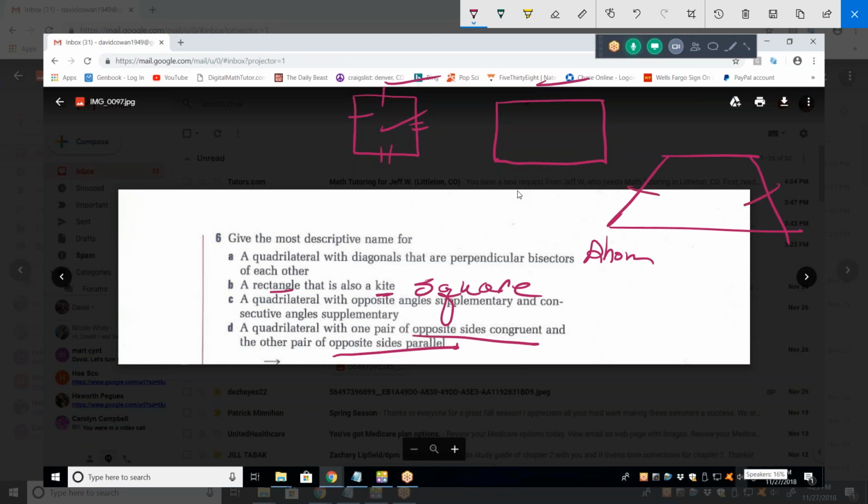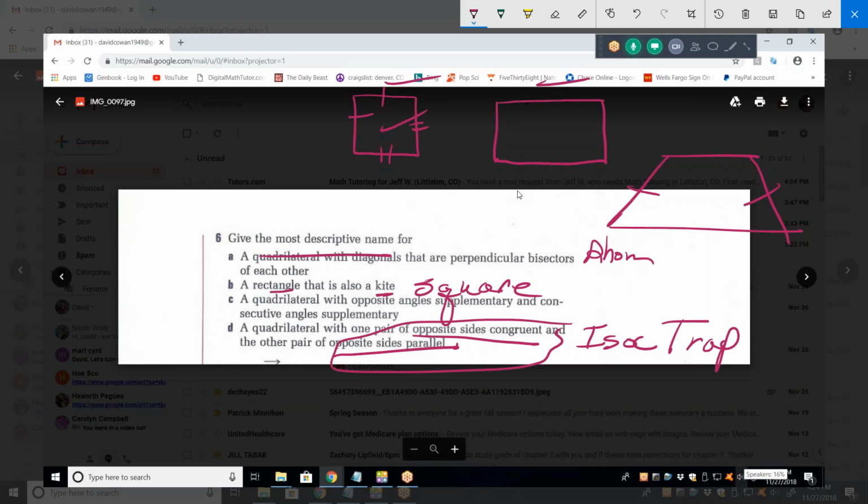If you had an isosceles trapezoid, that might be the answer. And that's better than trapezoid. Usually I assume what they mean by the most descriptive name is the only thing that fits that description, an isosceles trapezoid, not all trapezoids.